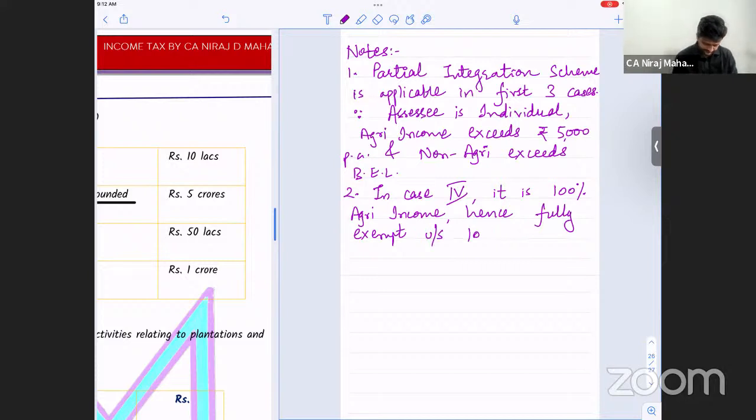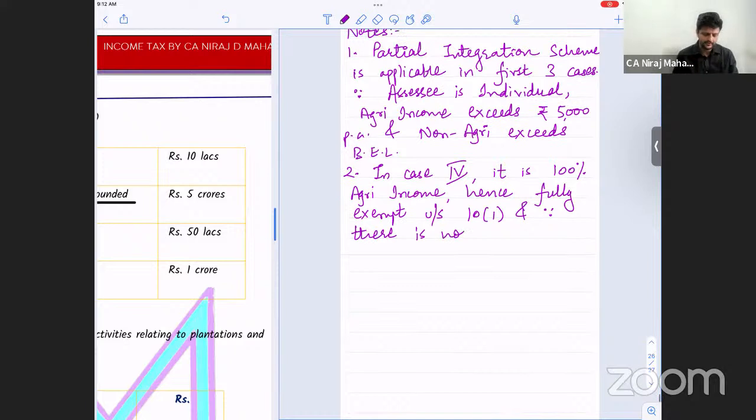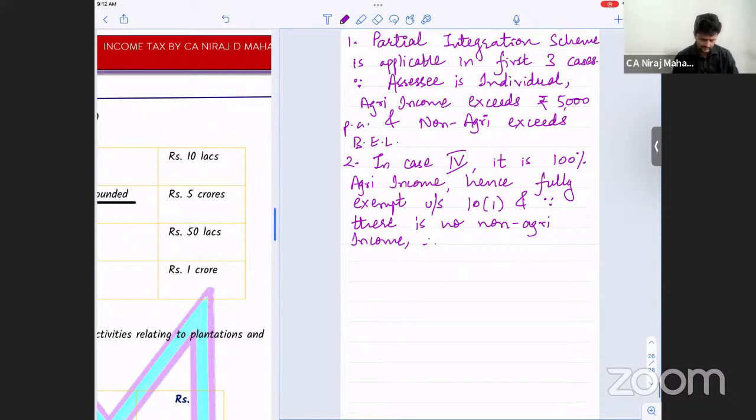Correct? And since there is no non-agri income, therefore no question of PIS. Therefore, PIS not applicable. Correct?